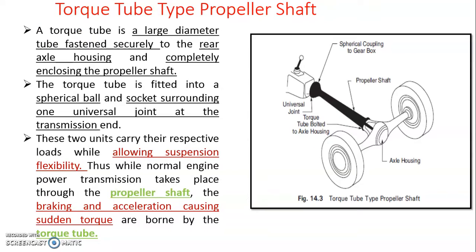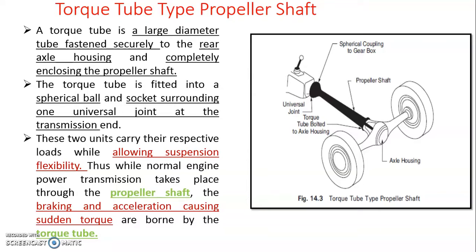After that, in the torque tube type propeller shaft, two arrangements are important: first is the spherical ball arrangement and second is the socket surrounding arrangement.